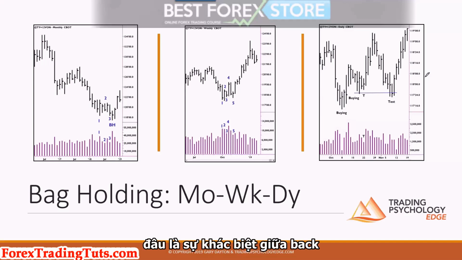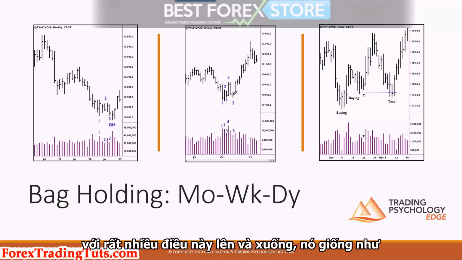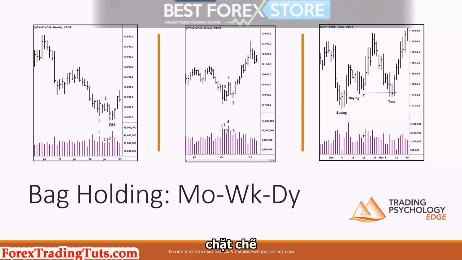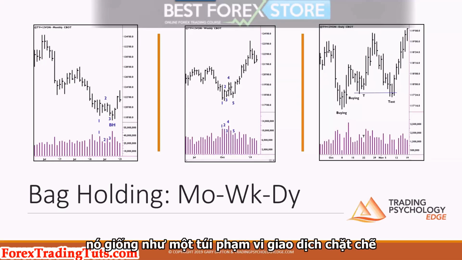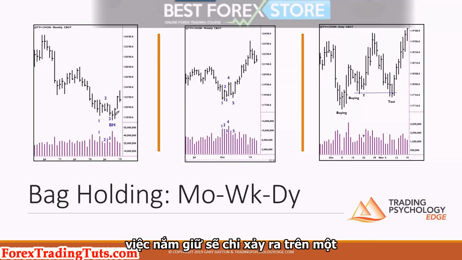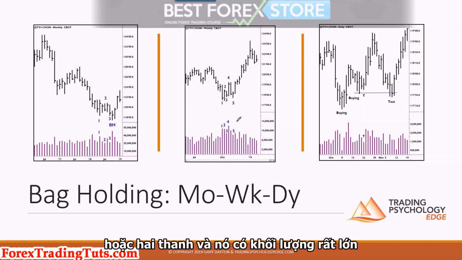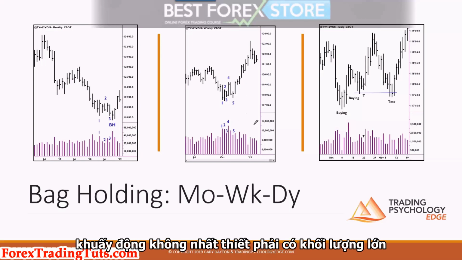What's the difference between bag holding and churning? Churning occurs with a lot of this up and down. It's like a tight trading range. Bag holding is just going to happen on 1 or 2 bars, and it's very high volume. Churning doesn't have to be high volume.